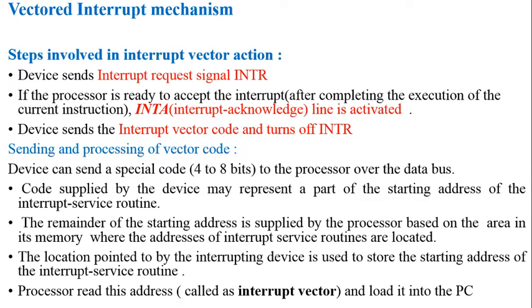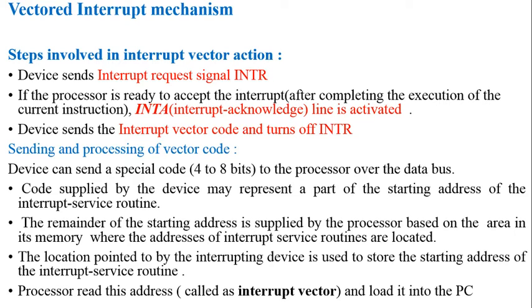After identifying the starting address of the interrupt service routine by combining two pieces of information, the address information from the interrupt vector code sent by the device that placed the interrupt request, and the remaining part provided by the processor itself, the processor generates the whole starting address of the interrupt service routine.